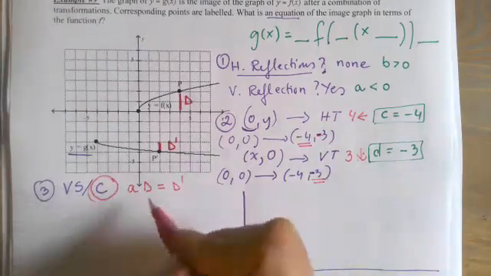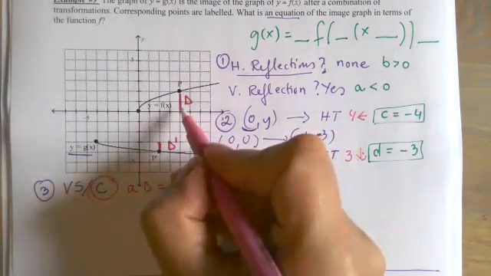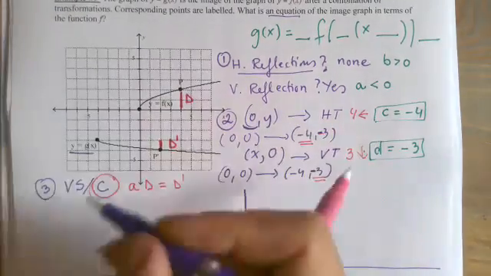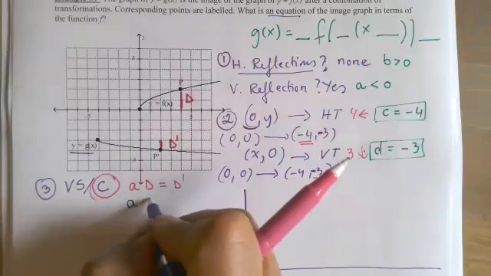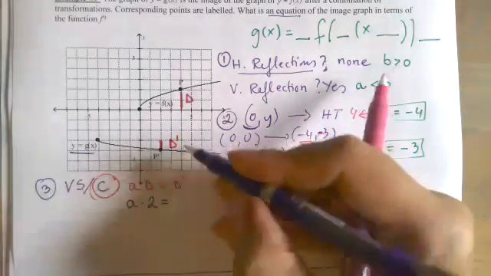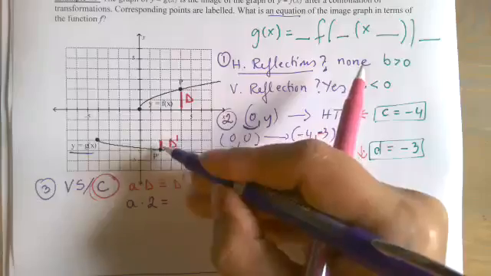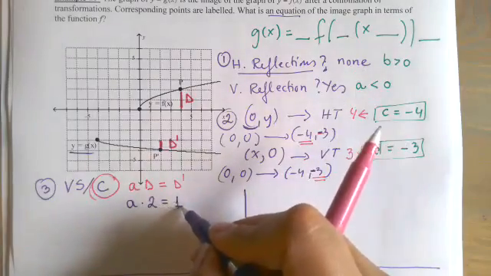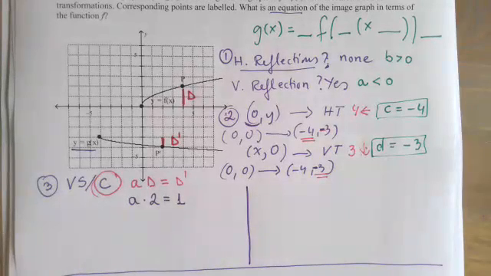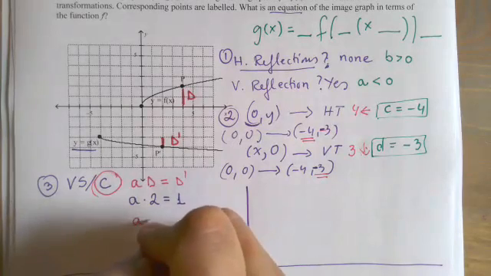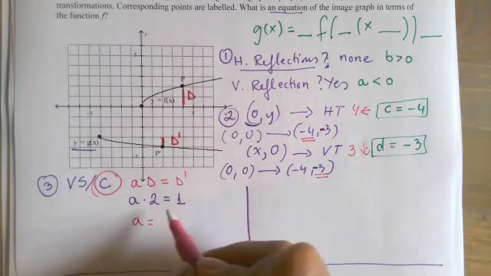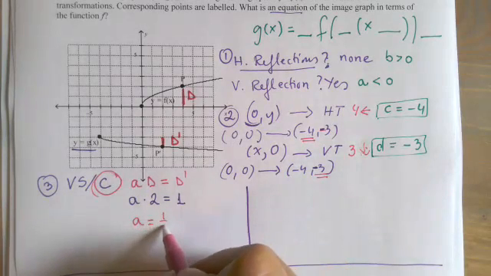So now we know what D is. We can count it 1, 2 from there. So A times 2 equals, we know what the D prime distance is, 1 square length there, 1. All we have to do is figure out this equation to solve for A. A is, divide both sides by 2, we get 1/2.